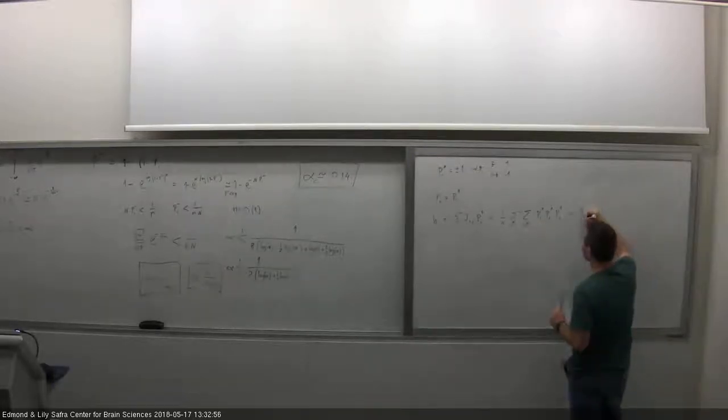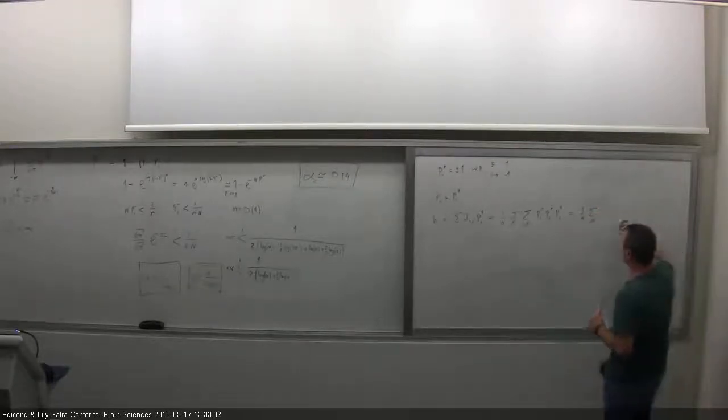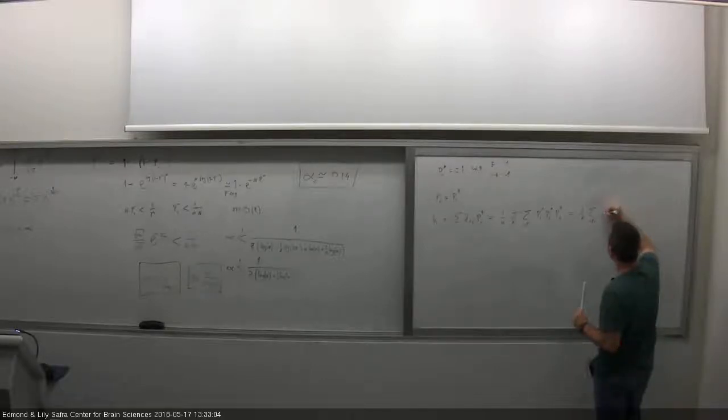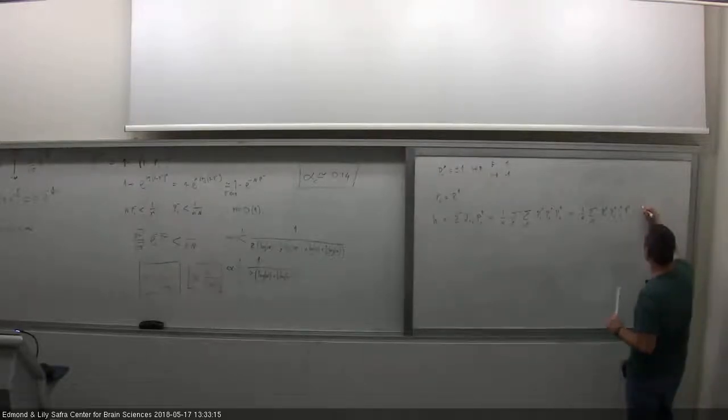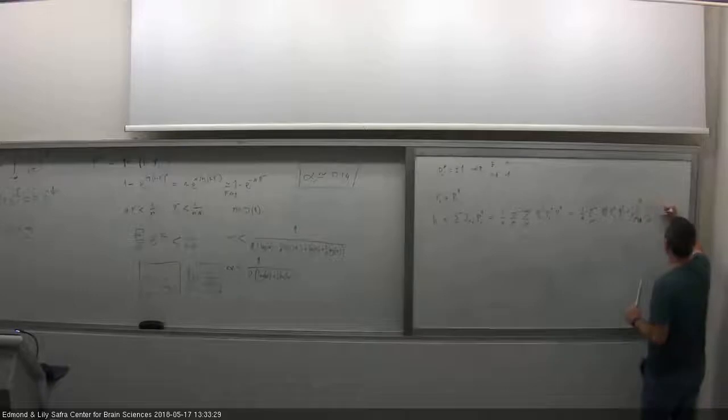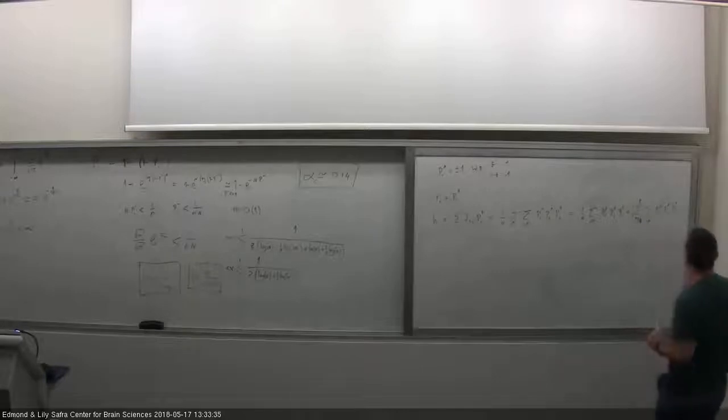So this gave us 1 over n, the sum over j not equal to i of xi_i^1 xi_j^1 xi_j^1, this is mu equal to 1, plus the sum over mu from 2 to p of 1 over n, the sum over j not equal to i, xi_i^mu xi_j^mu xi_j^1.